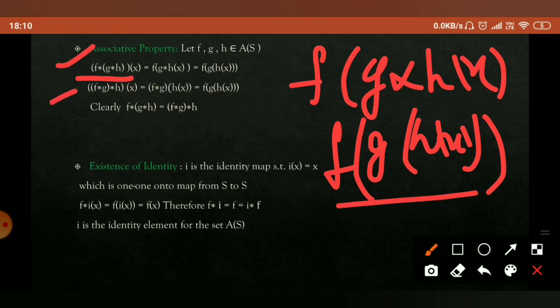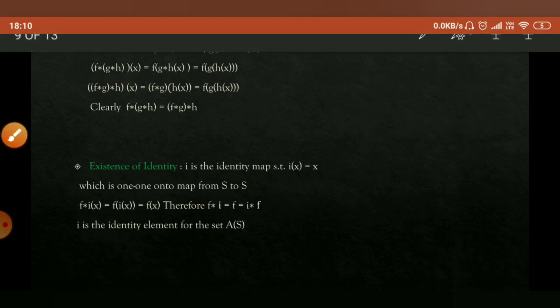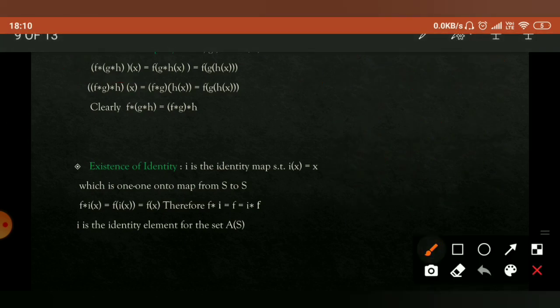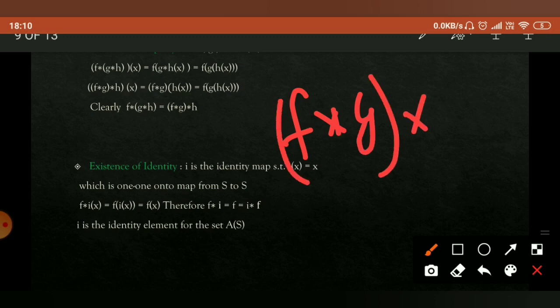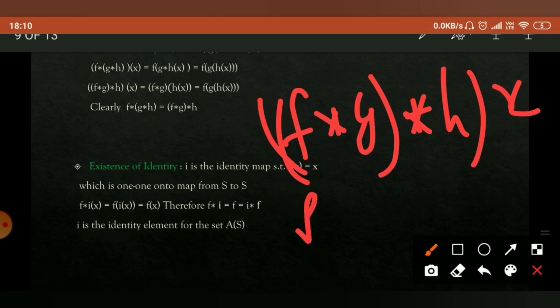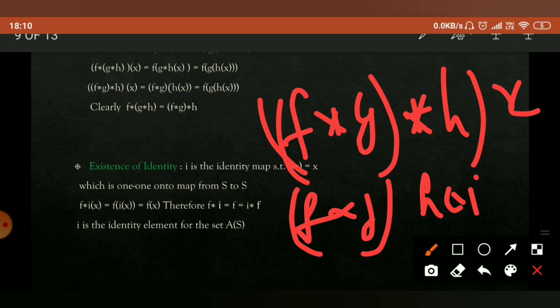Similarly, if you keep (F star G) in brackets and compose it with H on X, what will we do? (F star G) of H of X, right?